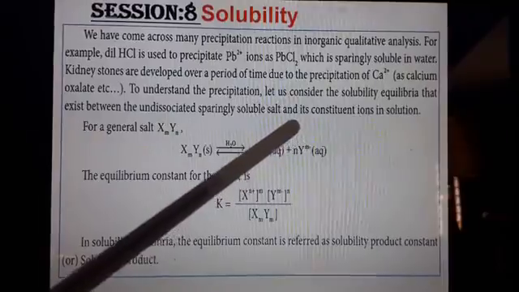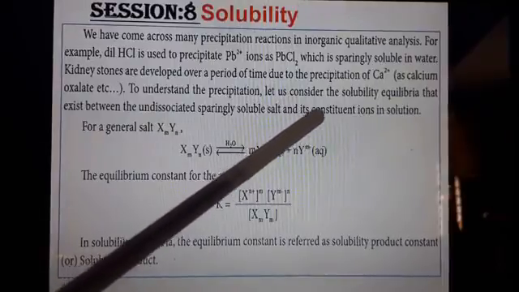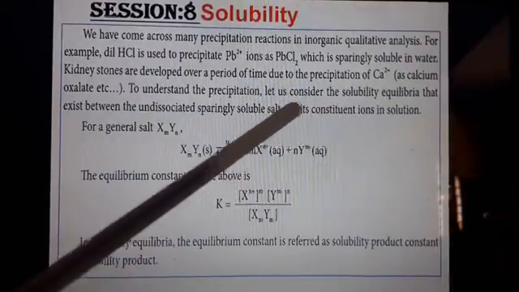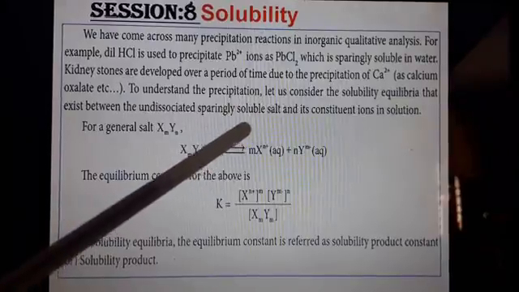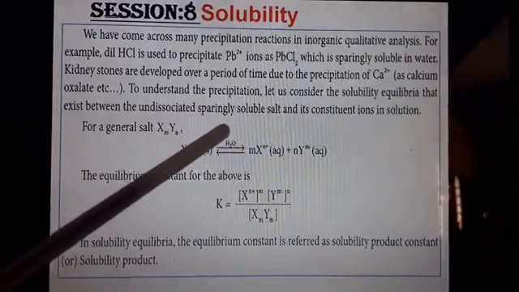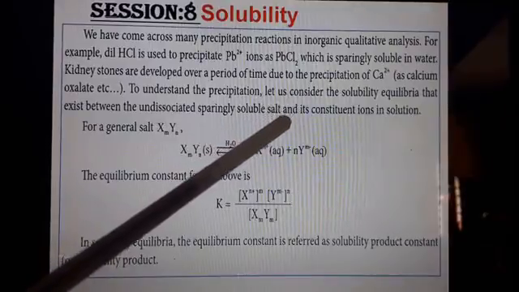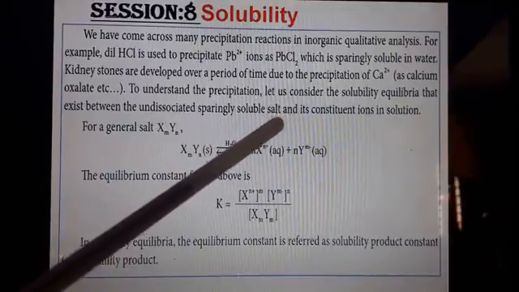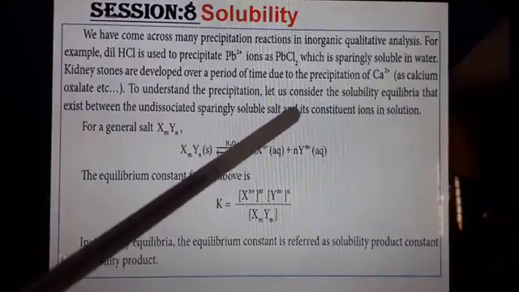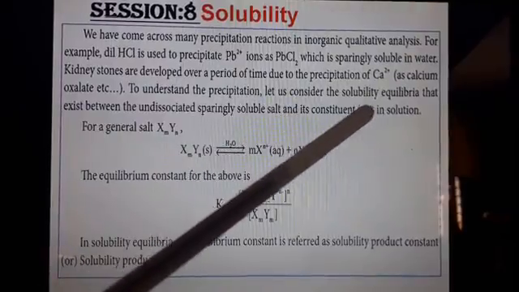Due to this precipitation, solubility equilibria exist between the undissociated sparingly soluble salt and its constituent ions in the solution. Solubility equilibria exist, this is a condition.